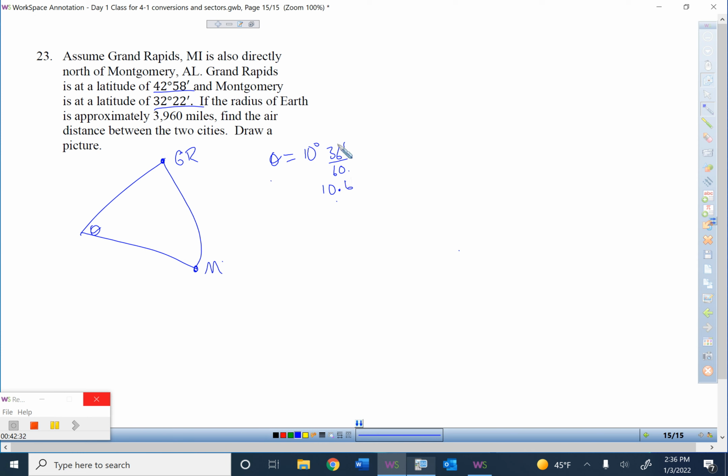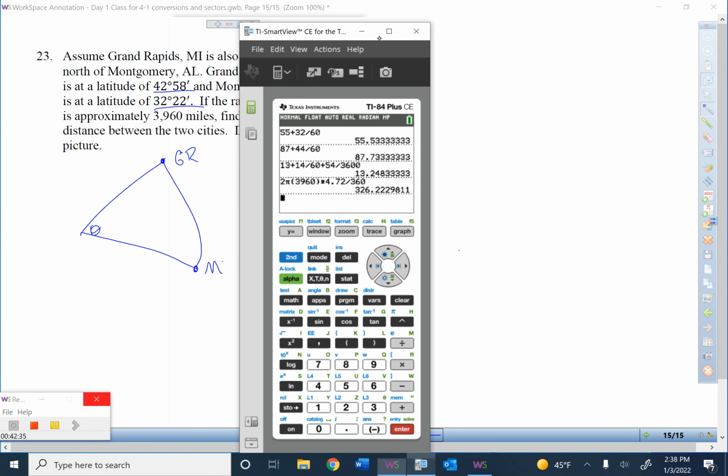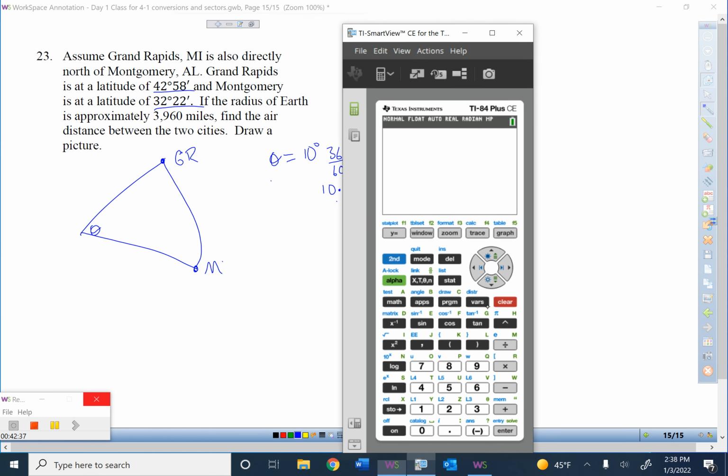If you wanted to convert them first, because like I said, sometimes you have to, I'm going to recommend you do all that work in your calculator. Here's how it would look. 42 plus 58 over 60. Find that number. Then you take your 32 plus 22 over 60, and then you subtract them.